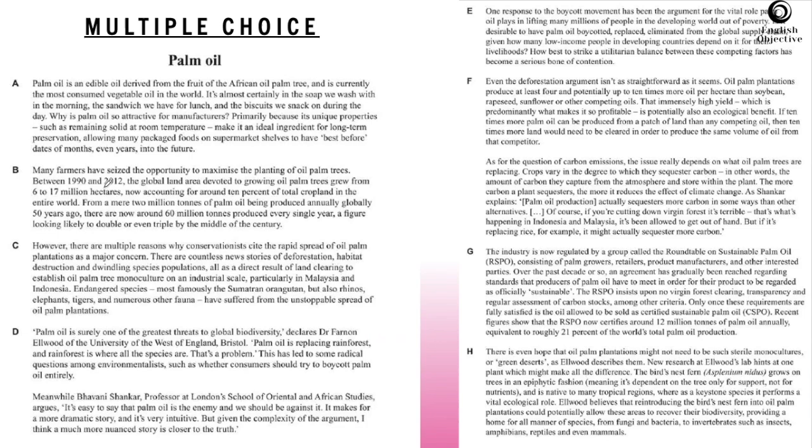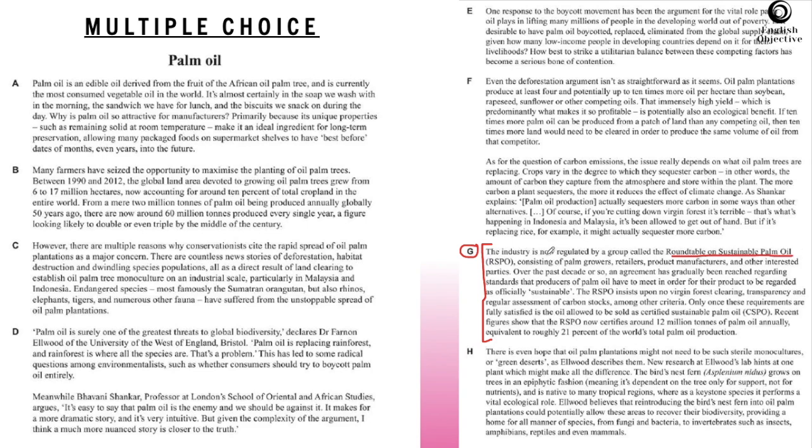So we go through the text and we try to scan, looking for that keyword, that name, very, very quickly. And we can find it in paragraph G. And we can find as well the abbreviation that stands for the name, Round Table on Sustainable Palm Oil. So now I have to read that section very, very slowly.